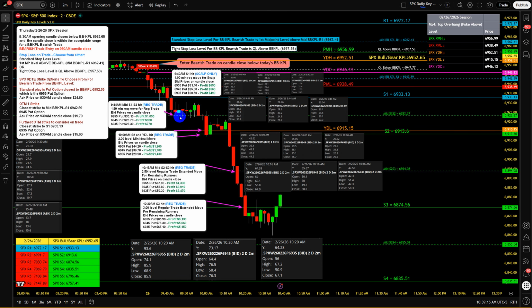Now, one thing you do want to keep in mind with this indicator, the new V3.0 version of this indicator also works on the SPX mini index, which is the XSP symbol. Now that index trades at 1/10 the value of the regular SPX index.